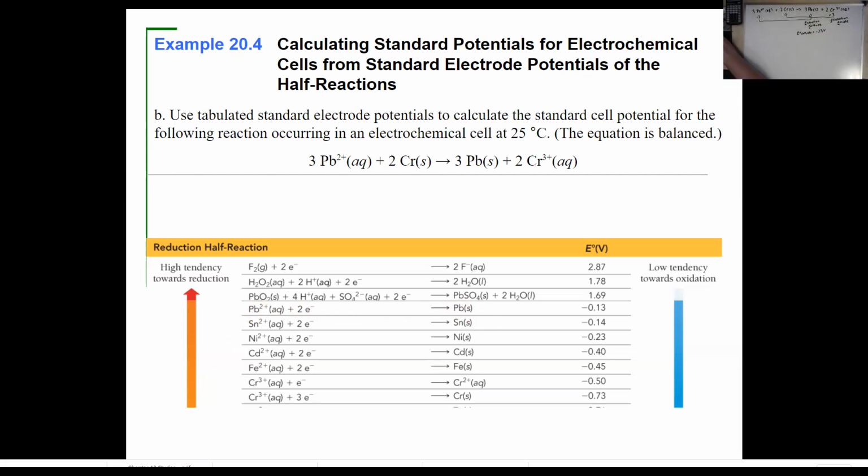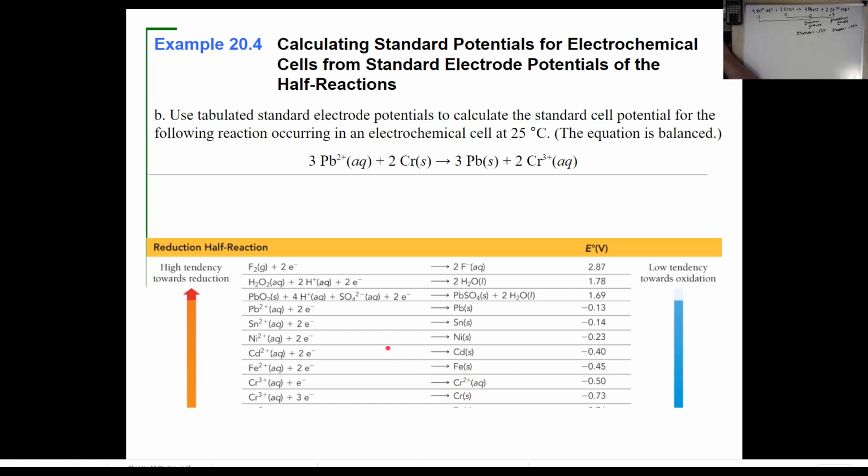But for the chromium reaction, there are multiple chromium ions on the table, and you have to make sure that you write down the reaction where the chromium 3+ and the 3 electrons is forming the chromium solid, because our reaction had chromium solid on the reactant side, not the chromium 2+ ion. So the E value for our anode is going to be negative 0.73 volts.